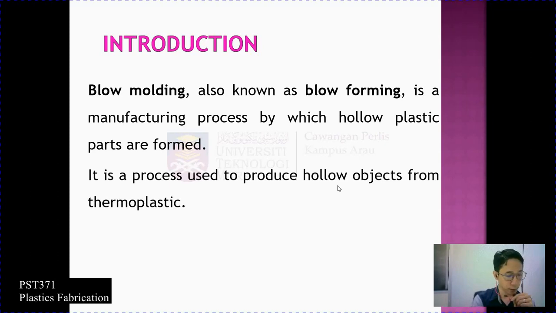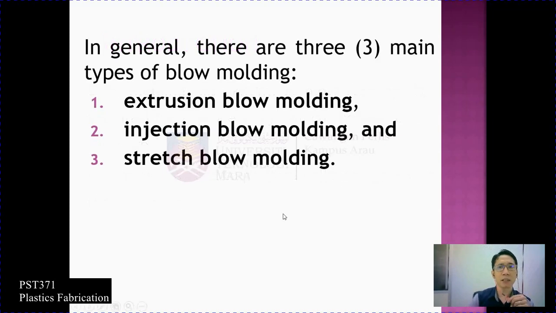Okay. So next, in general, there are three main types of blow molding. First one is extrusion blow molding. The second one is injection blow molding, and finally the stretch blow molding. I think extrusion and injection machines are similar. Like the previous chapter, I did cover extrusion and injection.